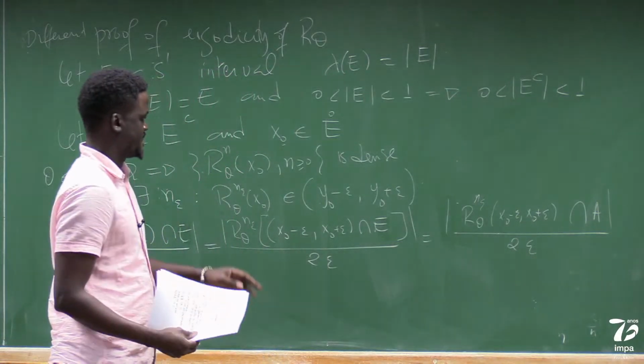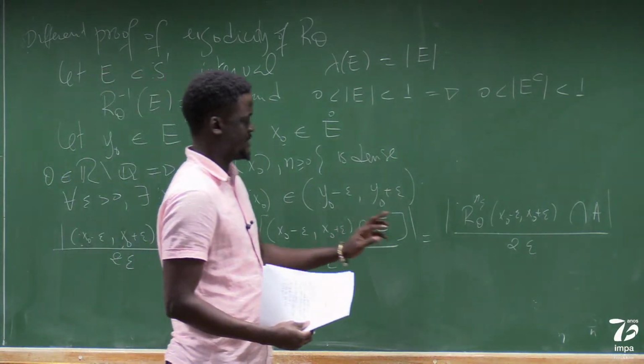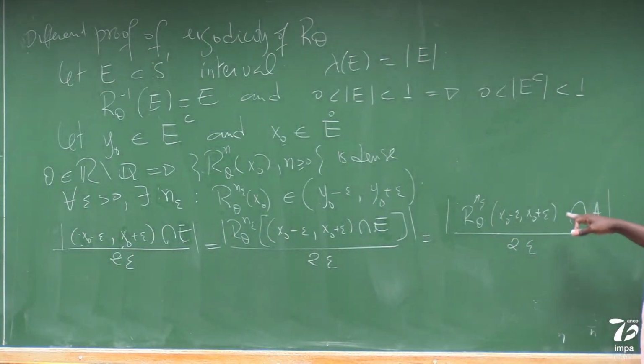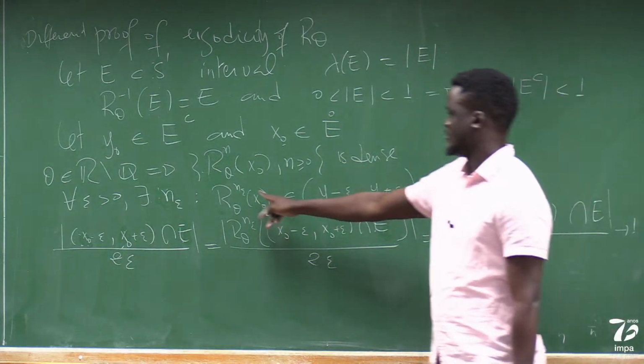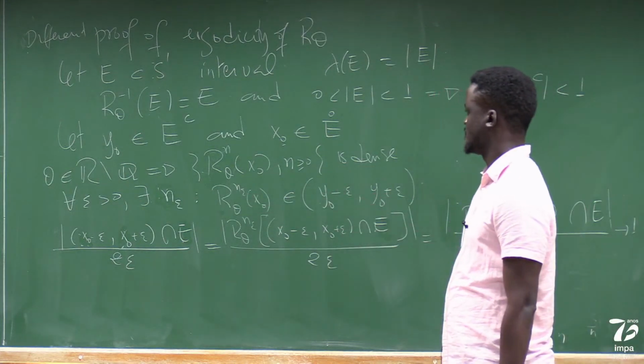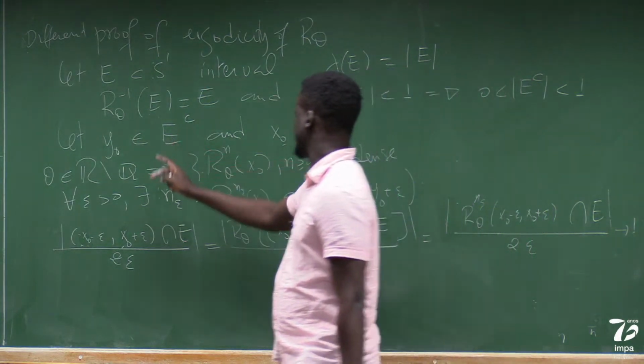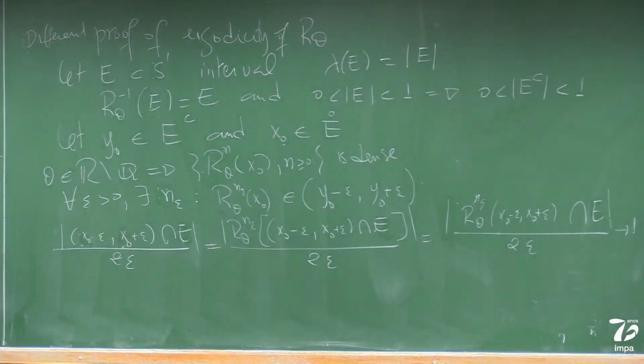This goes to 1 when epsilon goes to 0, because you are in an interval. But what you know is that this orbit is going to enter the complement, and this gives a contradiction.